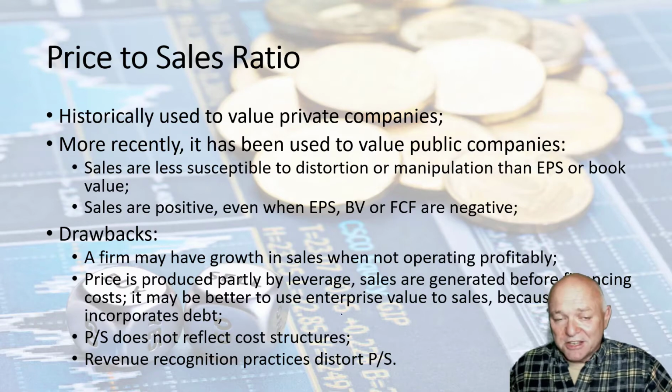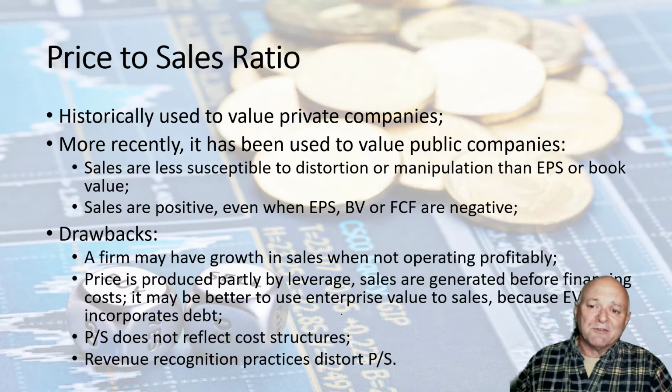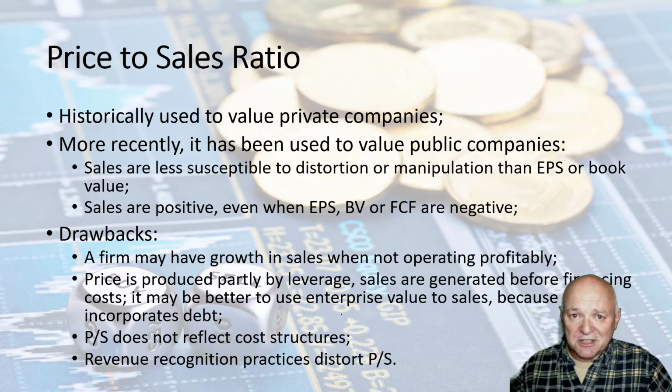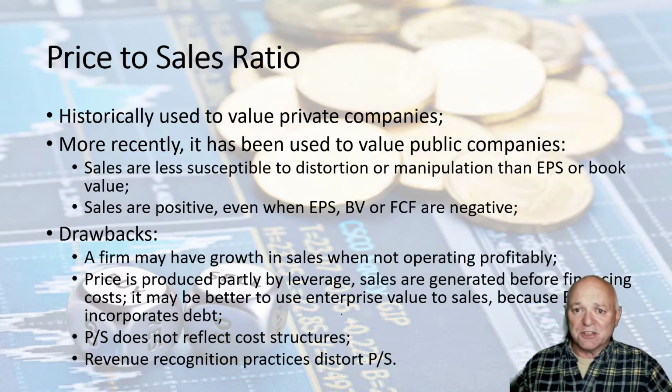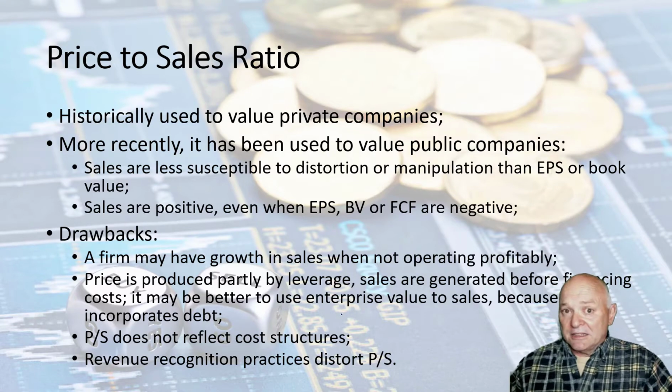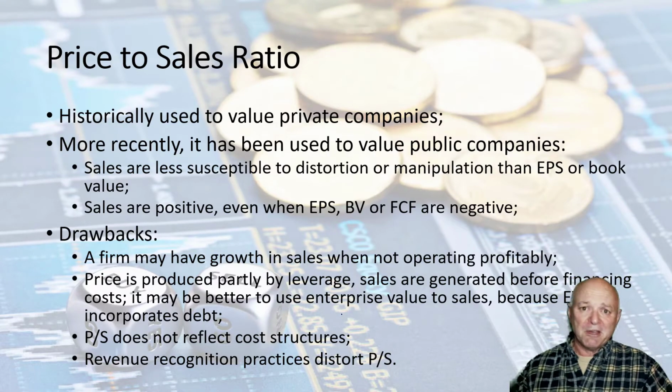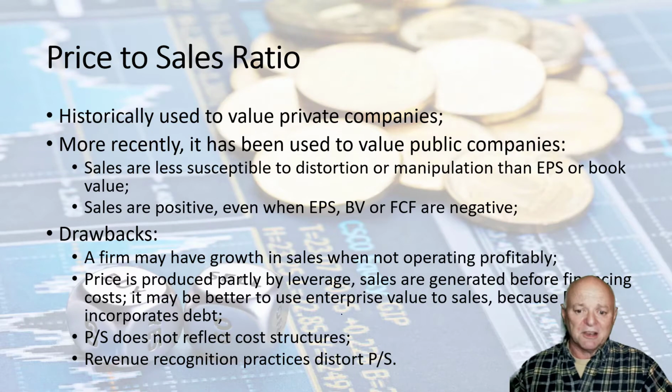Some of the downsides or the drawbacks: a company can have growth in sales without producing any kind of meaningful profits. The price is partly produced by leverage, so a highly leveraged business will be valued without any kind of information about that degree of leverage included in the valuation. It doesn't suggest or discount the possibility of having more efficient production and better cost structures.